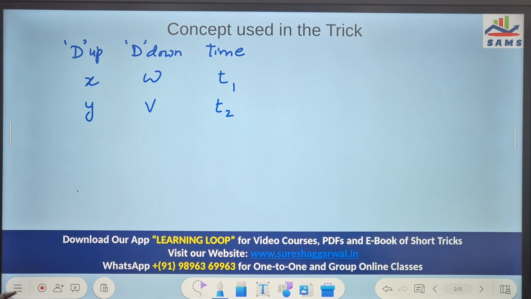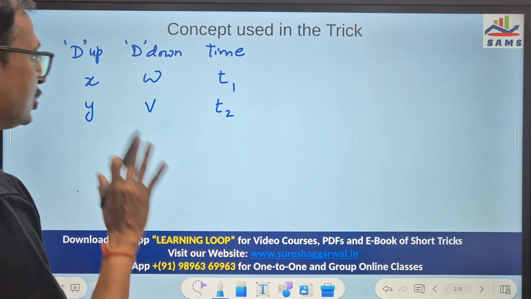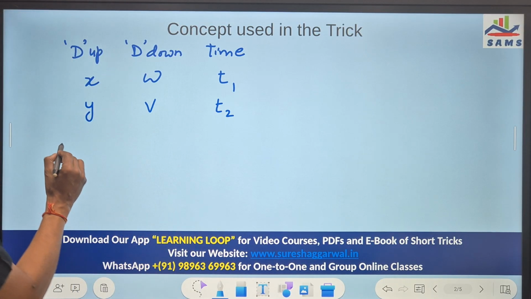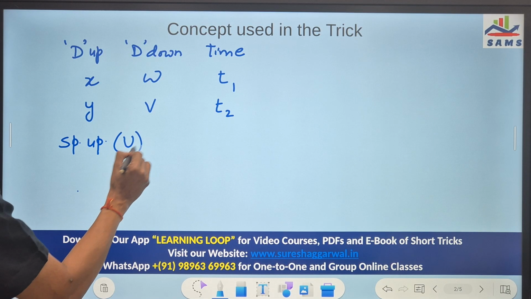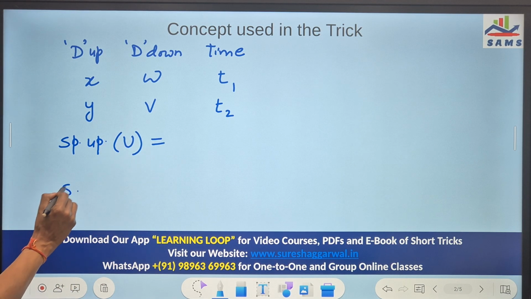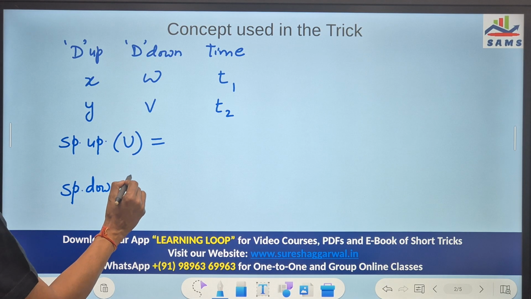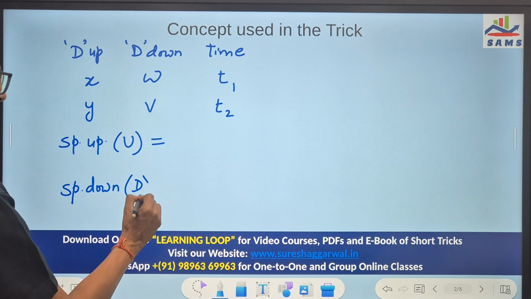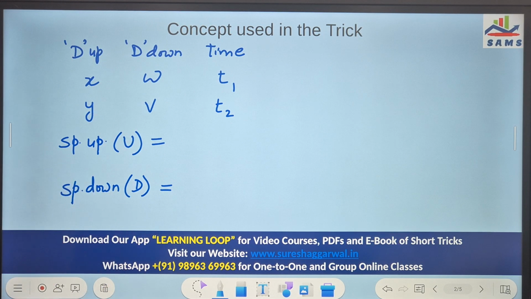Now we need to find the speed upstream and speed downstream, and then the speed of boat in still water and the speed of stream. To find the speed upstream, that means u, we will use a relationship, and likewise to find the speed downstream, that is d, we will again use a relationship derived from this matrix only.